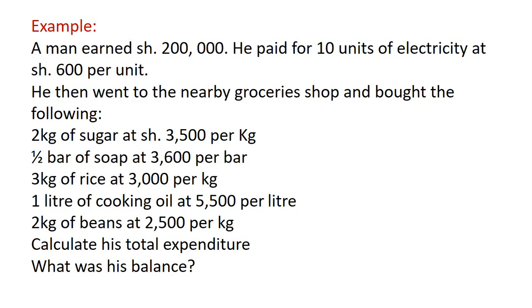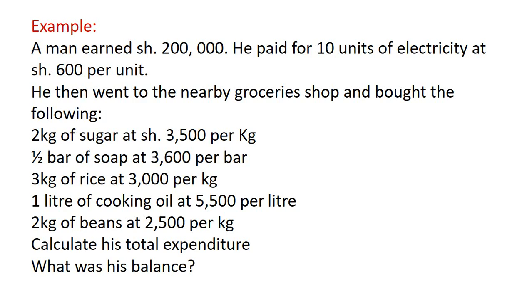He then went to the nearby groceries shop and bought the following: 2 kilograms of sugar at shillings 3,500 per kilogram, half a bar of soap at 3,600 per kilo, 3 kilograms of rice at 3,000 shillings per kilo, a liter of cooking oil at 5,500 per liter, 2 kilograms of beans at 2,500 per kilo.